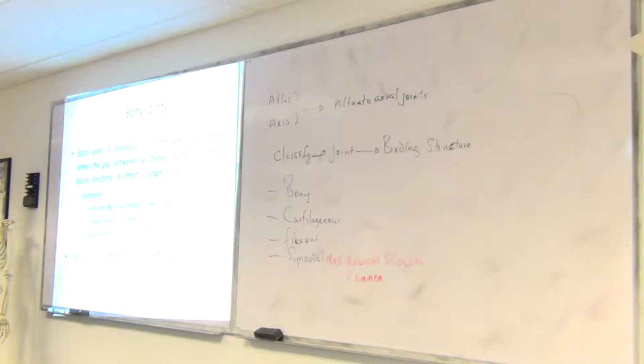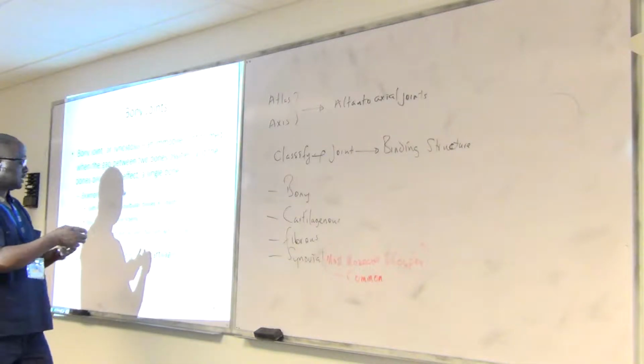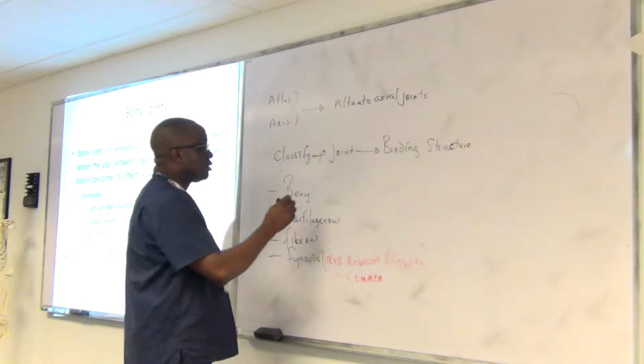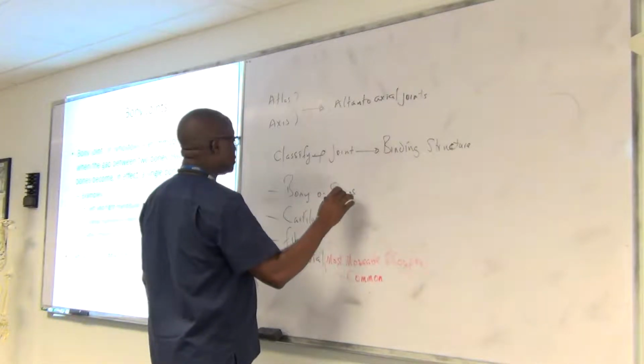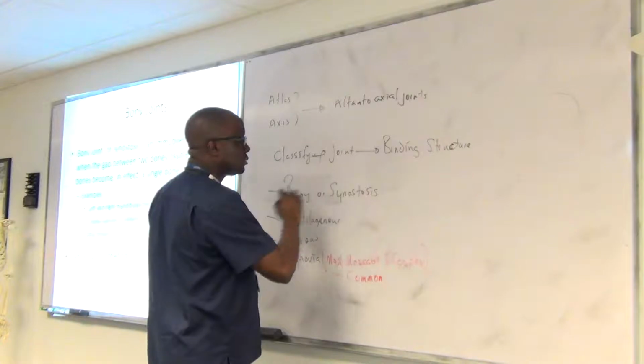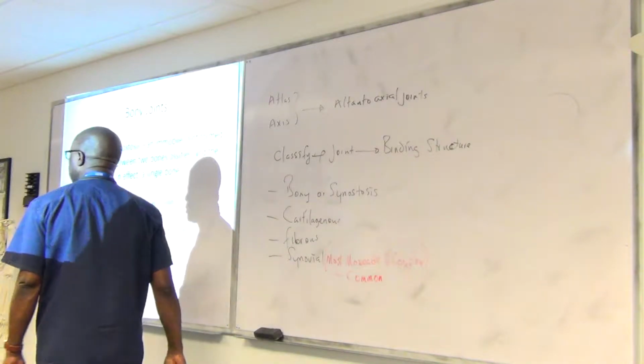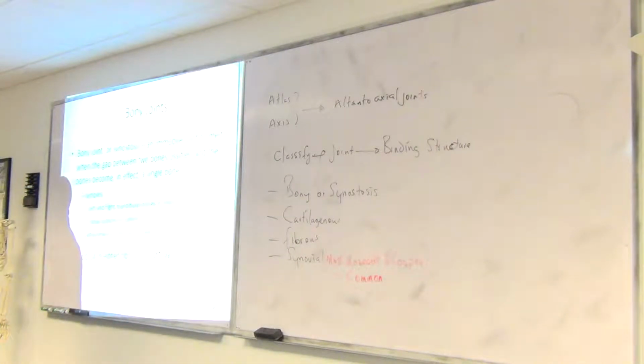We're looking at bony joints right now. Bony joints can also be called synostosis, which means it's just bone, nothing else.